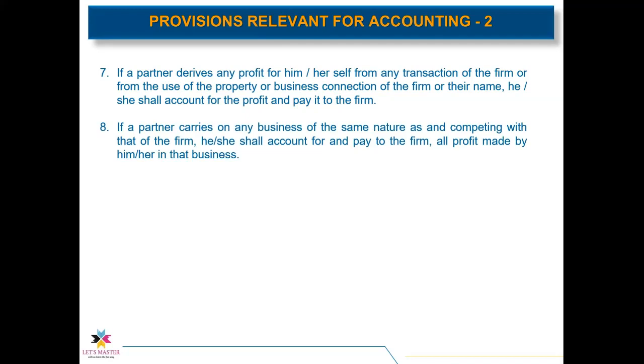Say, for example, I am a partner in a partnership firm running a restaurant business, and I am again running my own restaurant apart from the restaurant of my partnership firm. Then I shall account for and pay to the firm all the profits made by me in that particular business. So whatever profit I'm earning from my personal restaurant, I should disclose that information to the partnership firm, and I should pay that profit to the partnership firm.